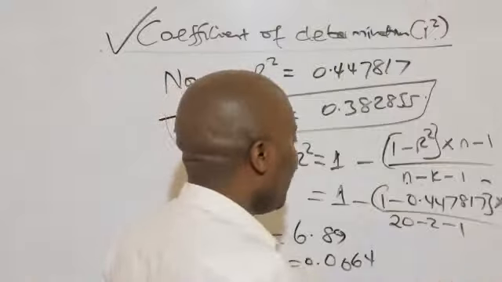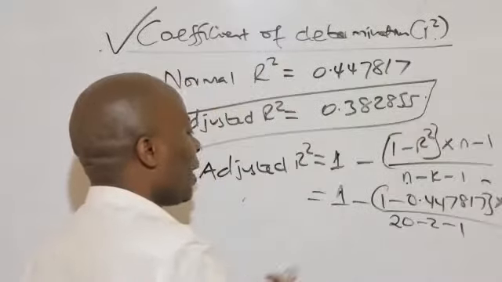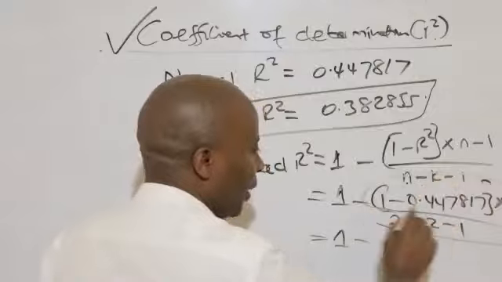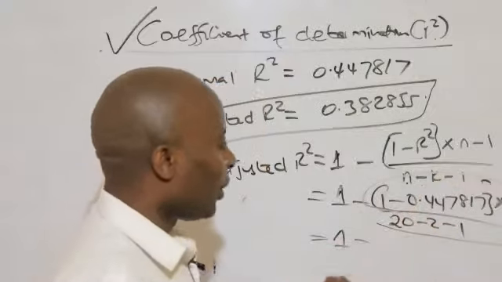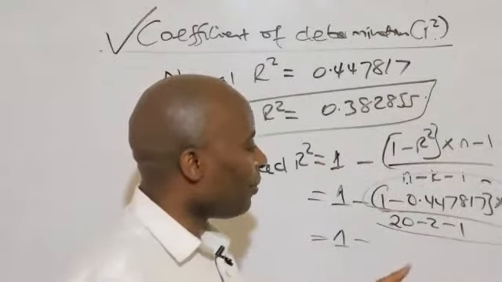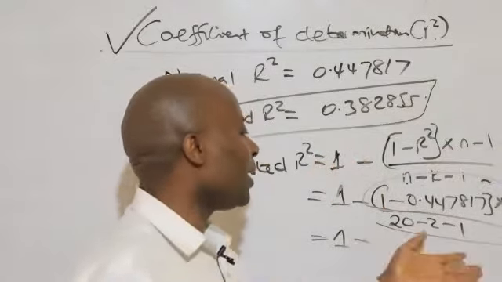So then at the end of the day, what shall we end up having, ladies and gentlemen? This will be equal to 1 minus, I don't know whether there's anybody who will be able to give us this figure. We do this figure separately. So 1 minus this, whatever I get, times 19, divided by 17.